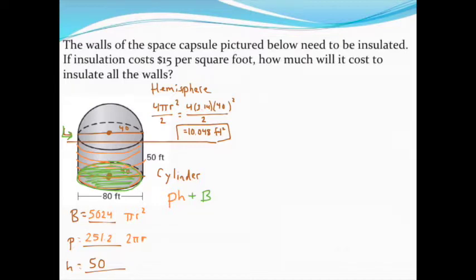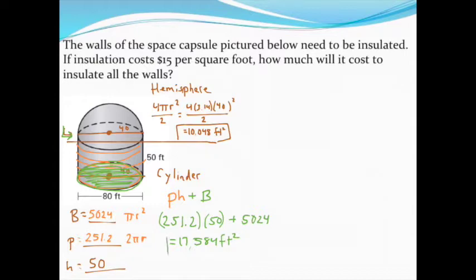So let's get a calculator and figure out the surface area of the cylinder part of the space capsule. So 251.2 is my perimeter, times the height of the space capsule, and then I want to include just one base this time, so 5,024. That surface area should come out to be 17,584 feet squared.